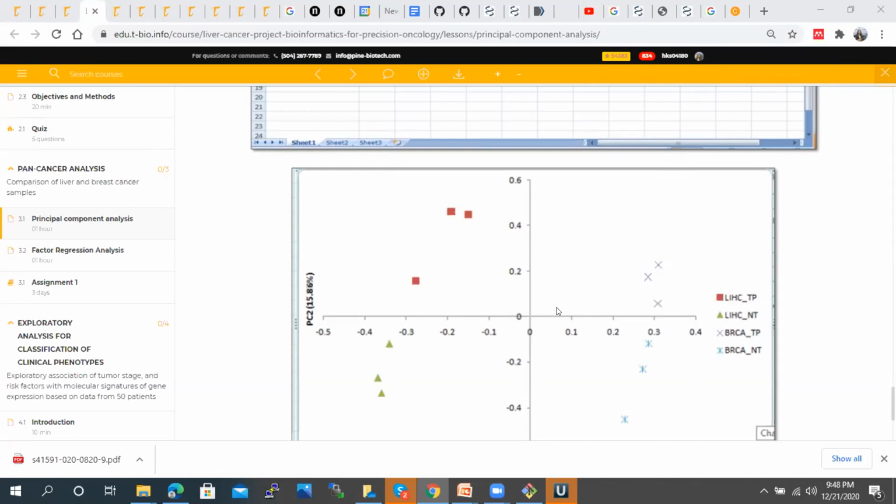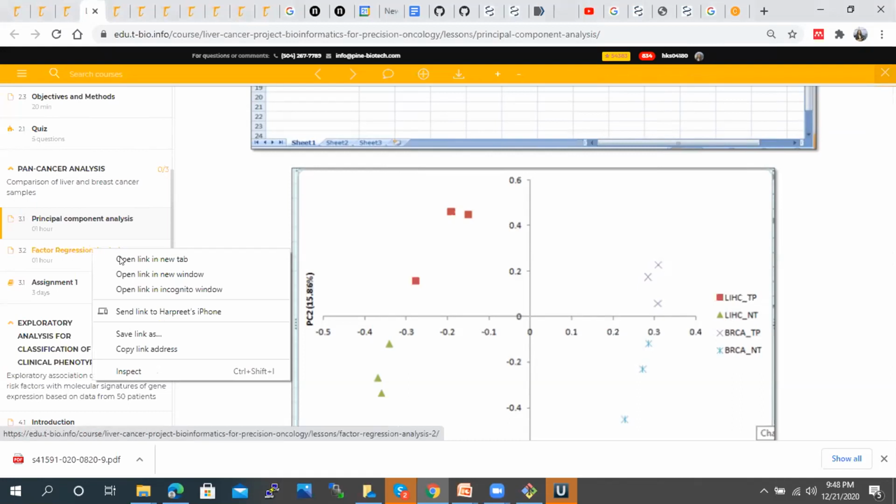When we go through this transcriptomics course, we come up with multiple factors to consider. One of the best approaches could be factor regression analysis. So we have applied factor regression analysis to identify which important genes are associated with liver cancer type or breast cancer type. This is the second part.